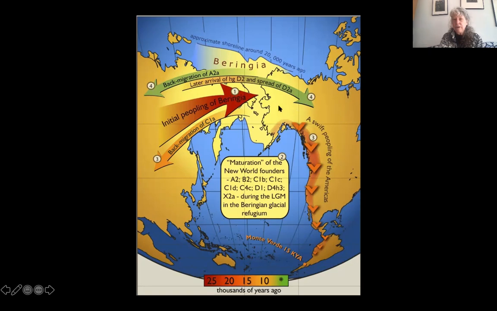But during the ice ages, the sea levels were much lower, because the ice sucked up so much of the water.